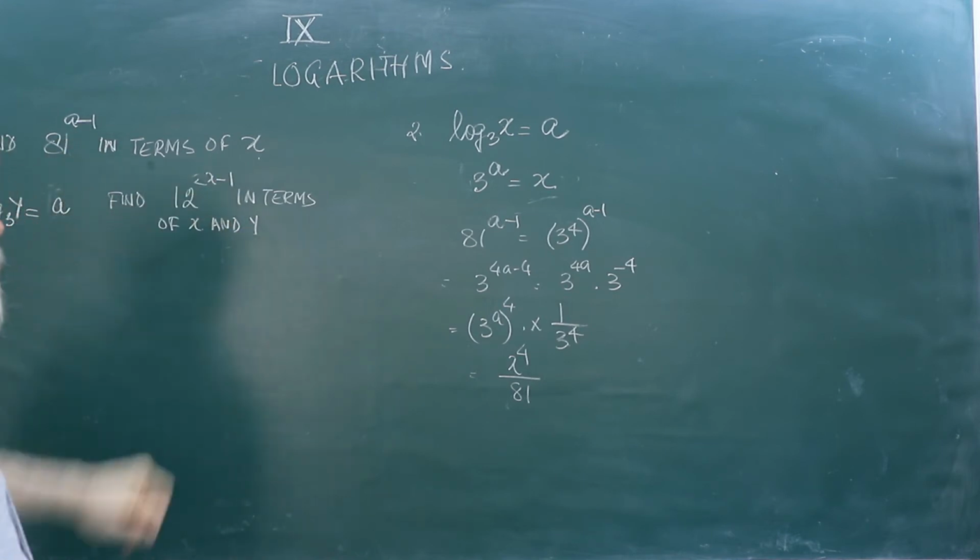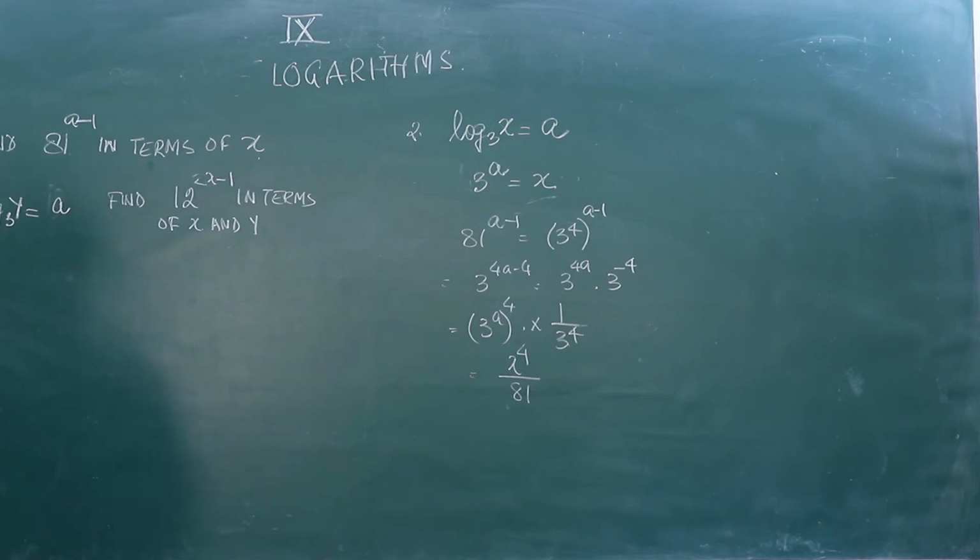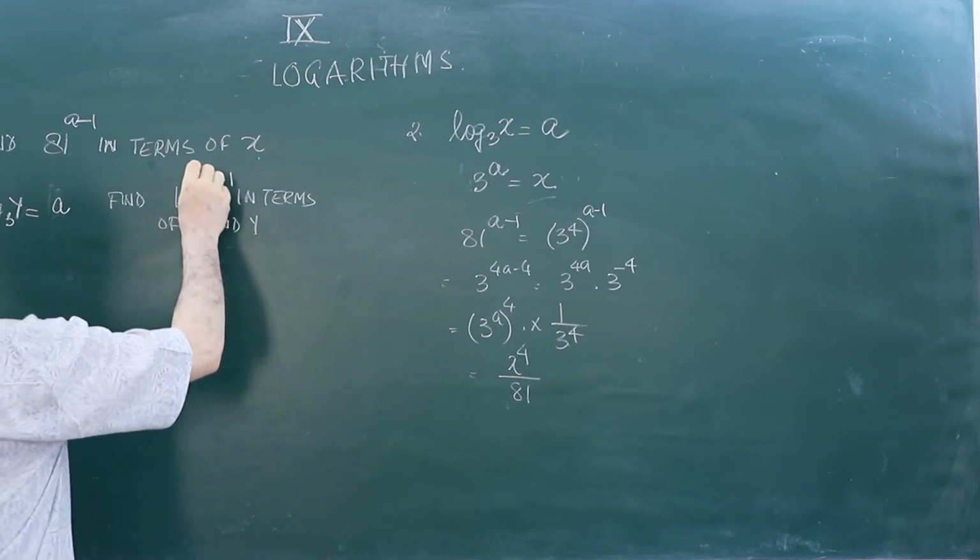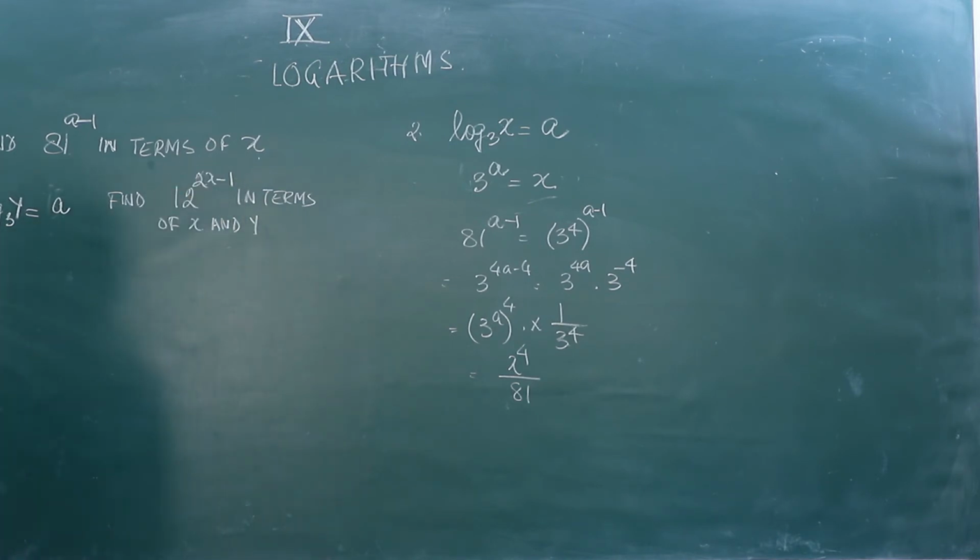in terms of x. Now let us see question number 2. It says log x to the base 2 is a, log y to the base 3 is a. Find 12 to the power a minus 1 in terms of x and y.